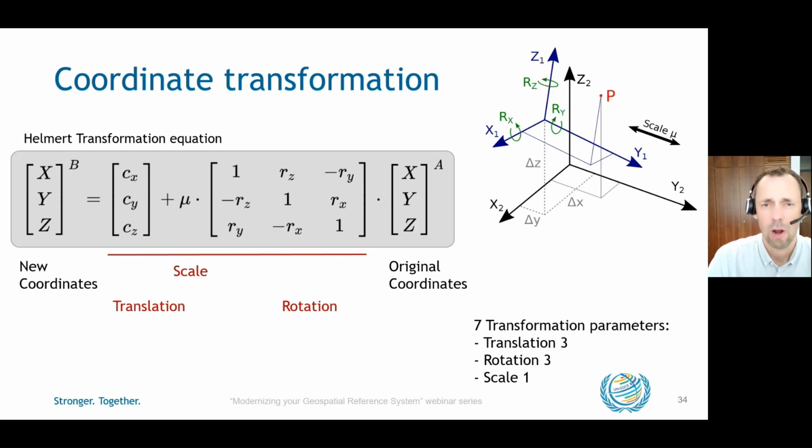The graphic on the right displays the two different coordinate systems in black and blue, in which the point P in red is described. The rotation parameters of the 3 axes are marked in green. The point shift, the delta xyz, is displayed as well as the scale, the stretch factor.